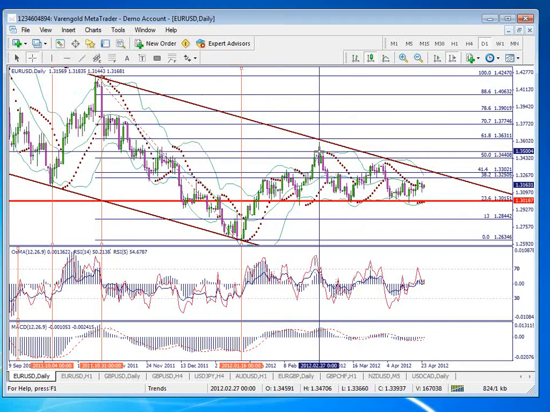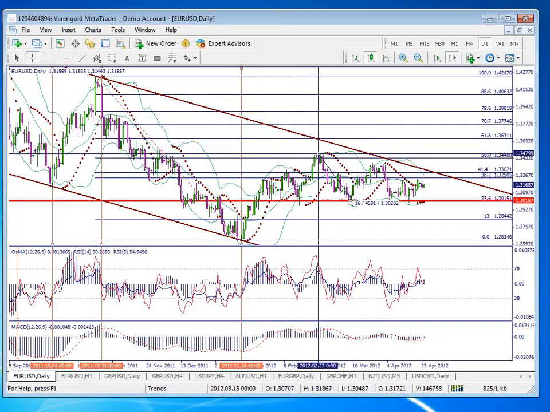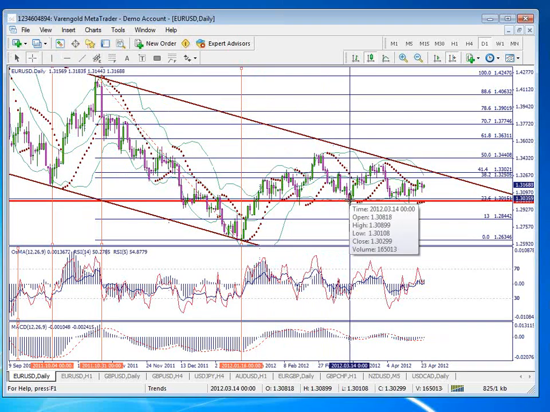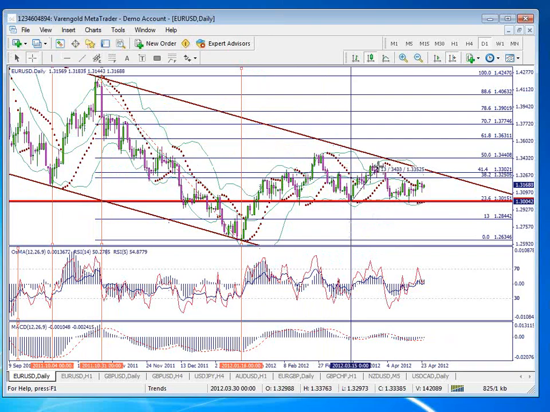We can go also to see the waves into this triangle. We have the first swing about 60 days, the second one 16, 13, 15 days.